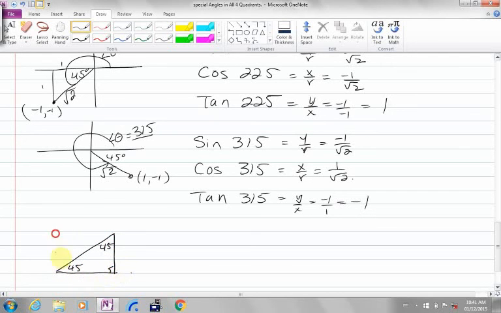So where this is 45 degrees, this is 1, 1, and root 2. Or if you like to think of it in ratio form, a 45, 45, 90 triangle has corresponding sides of 1, 1, and root 2. So I would add that to my little reference card that I would bring into my quiz tomorrow.